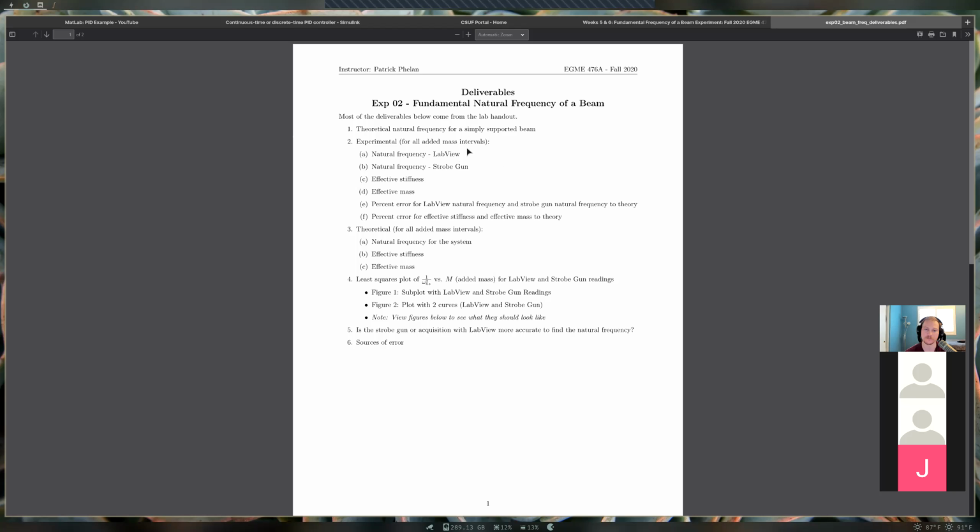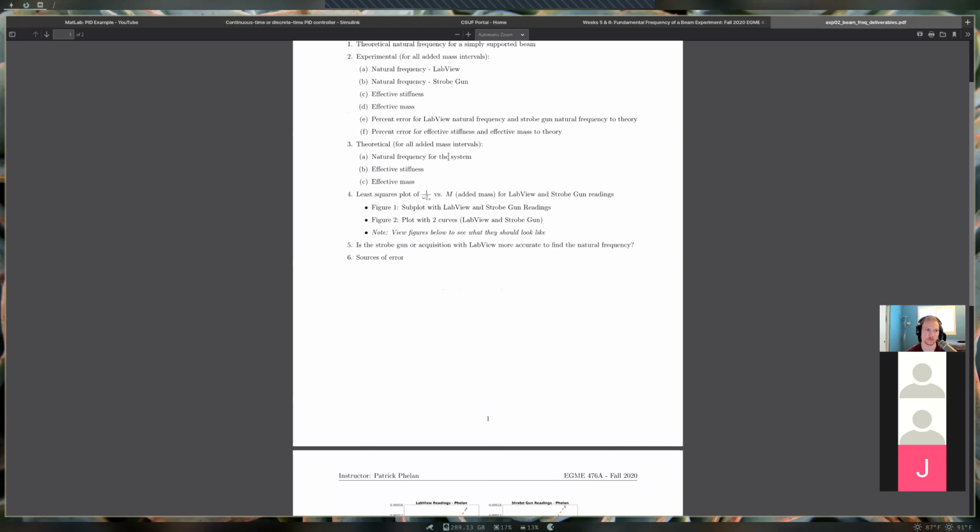All right, so we have that, and then you're also going to include the percent error for those readings, so the percent error for LabVIEW and the percent error for the strobe gun. And then you're going to have the effective stiffness and the effective mass. Oh, that's cool. I didn't notice my highlighting changed to purple for some theme.